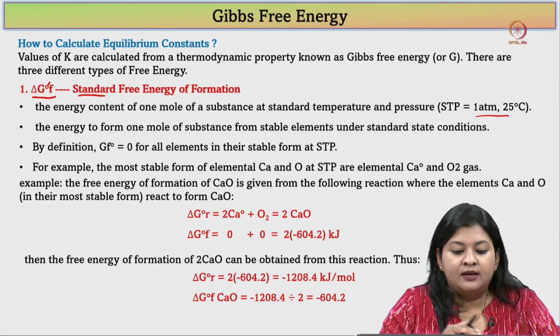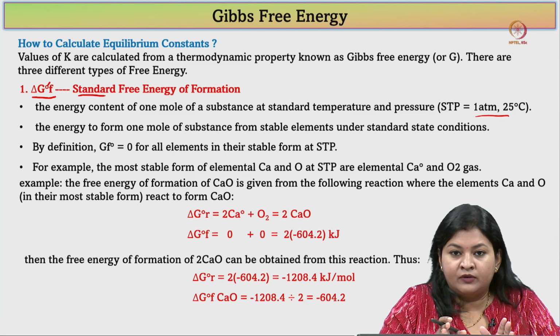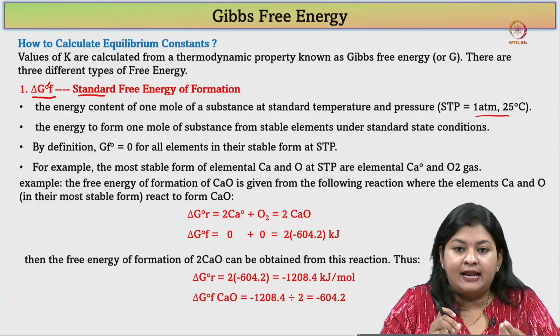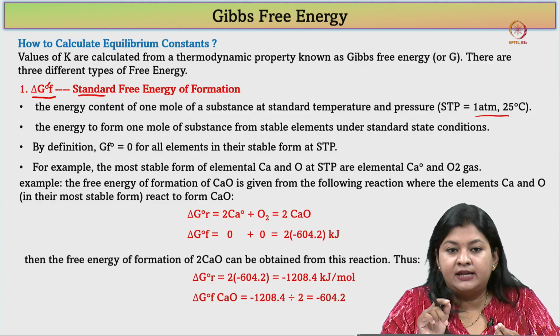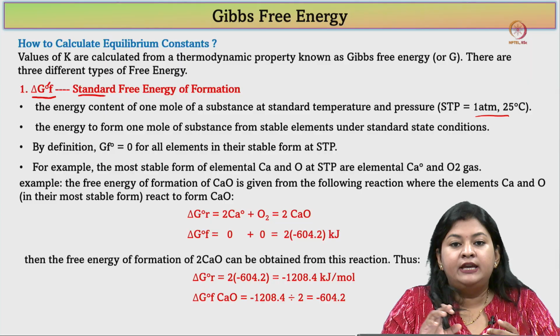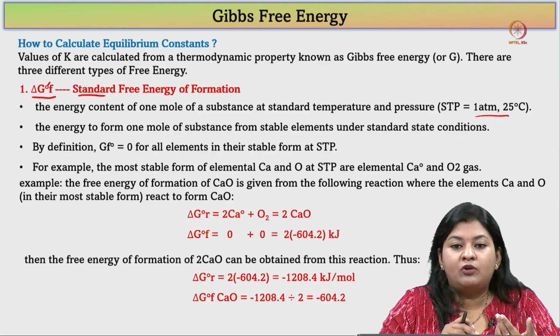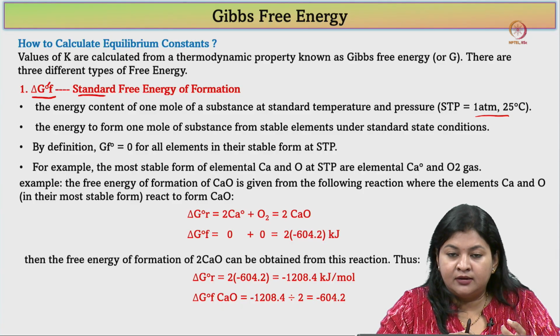That means, if you are taking calcium in its elemental form, that elemental calcium powder, the delta GF 0 value is equal to 0. If you are forming calcium oxide, therefore, you need oxygen as the other element.